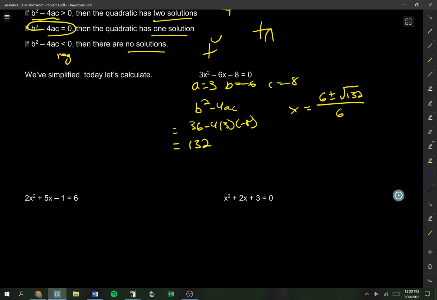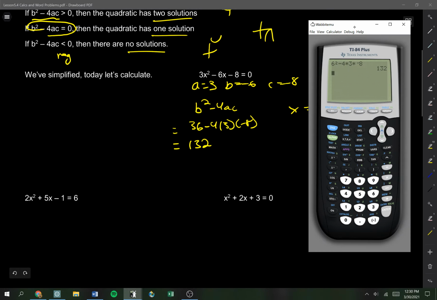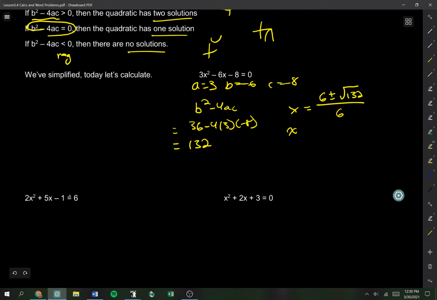Now I need to actually calculate this. I'm going to find the actual decimal solutions, and the decimals are going to be rounded because I'm going to run a square root. I do it in a few steps. First I do 6 plus the square root of 132. Then I press enter. Then I divide that by 6. So one of my solutions is 2.91.